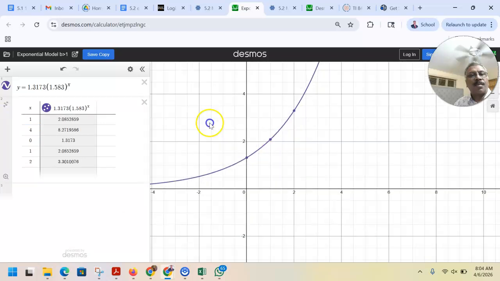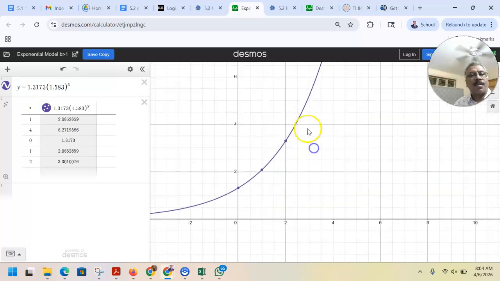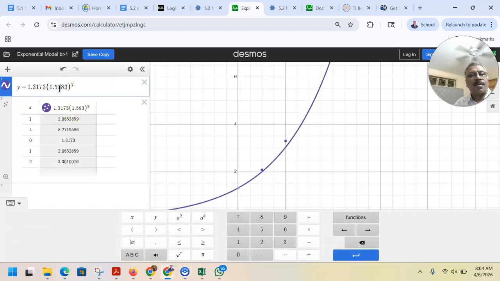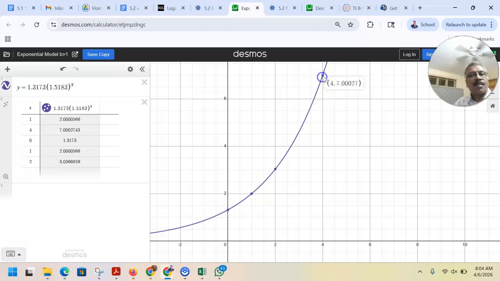So this is 1 and this is 4. So 4 is 7 and 1 is 2.